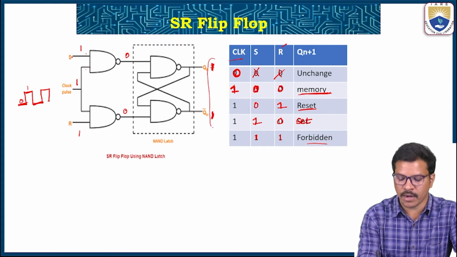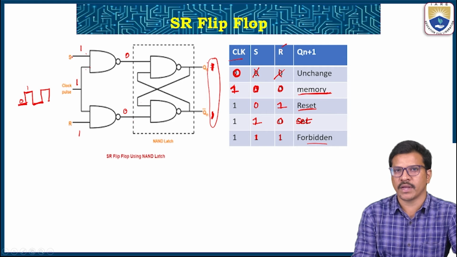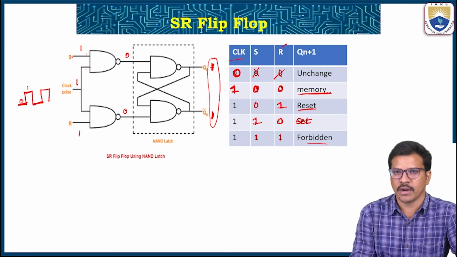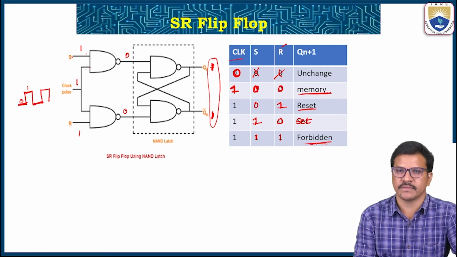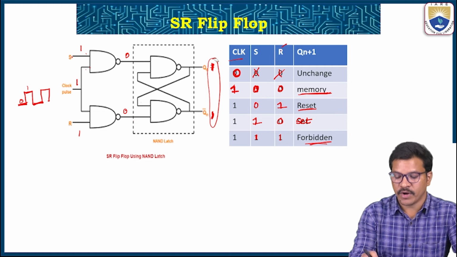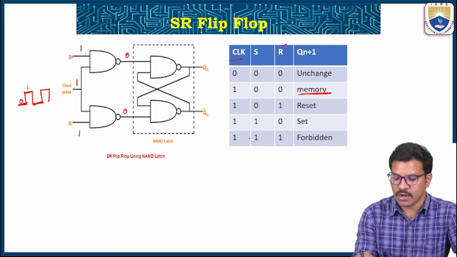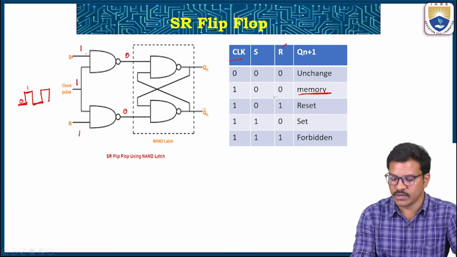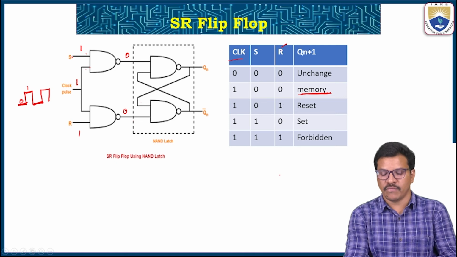So these uncomplemented outputs appear across Q and Q bar, which makes the forbidden case. So simply for the NAND flip flop, 0 0 is unchanged, 0 1 is reset, 1 0 is set mode, and 1 1 is the forbidden case.